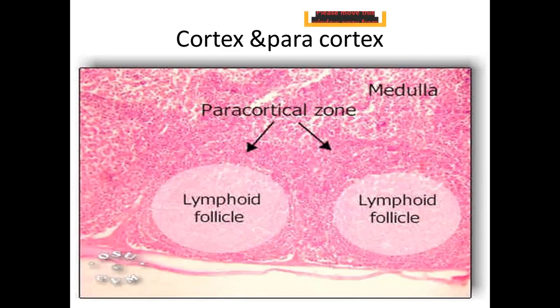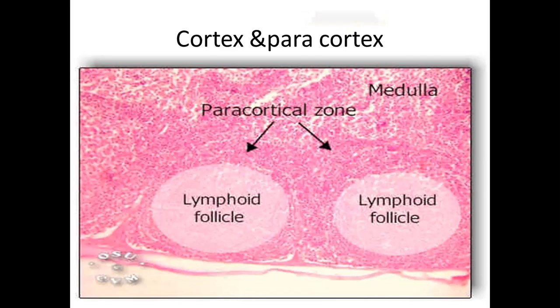This connection between the processes forms a three-dimensional web-like network. In addition to the B cells, some T cells can also be present.